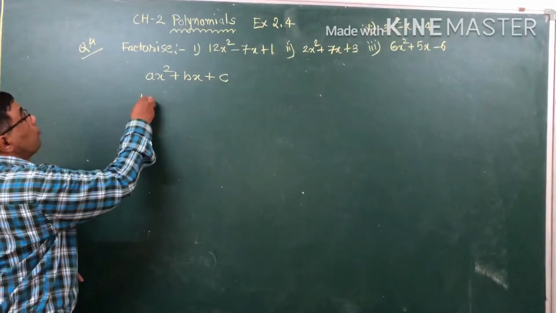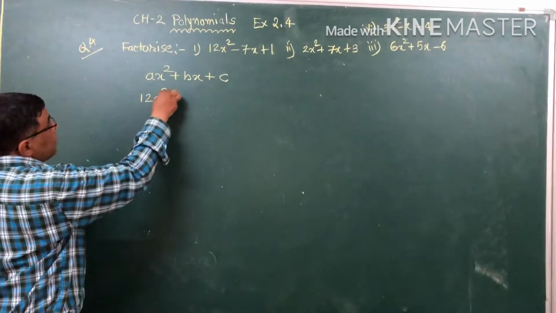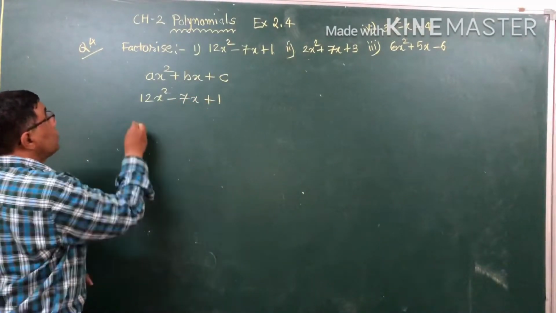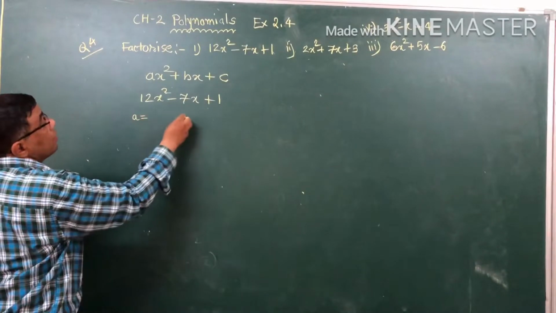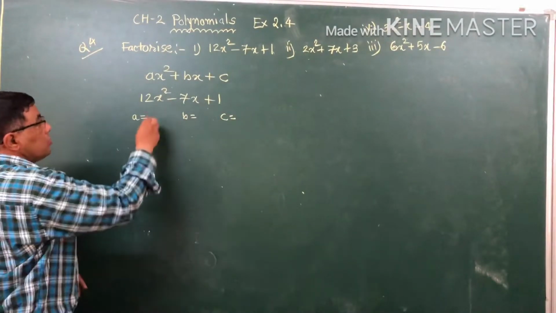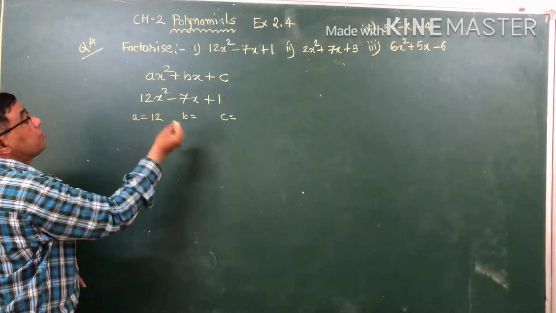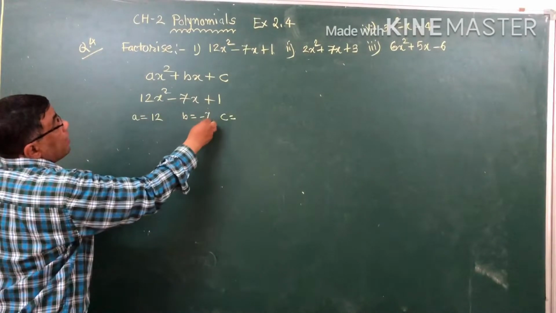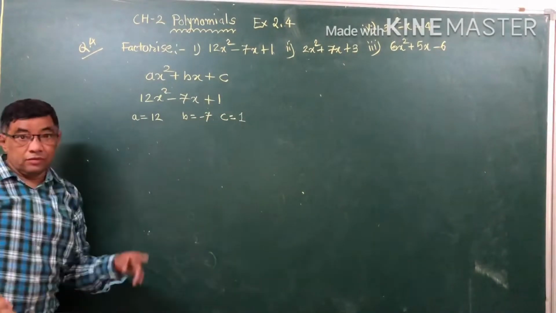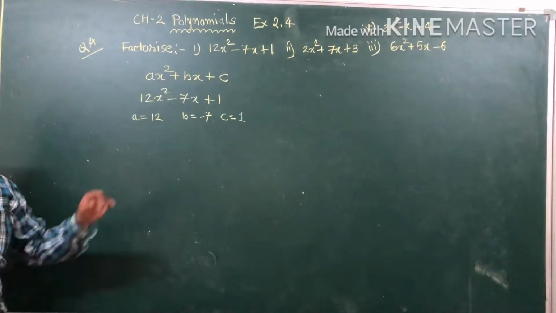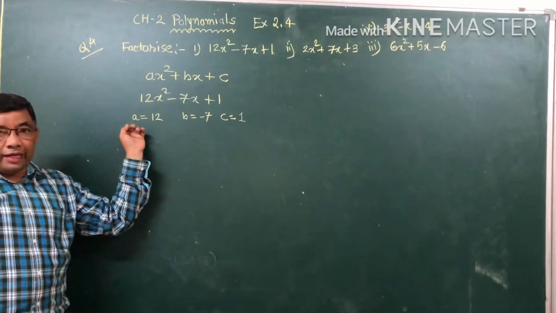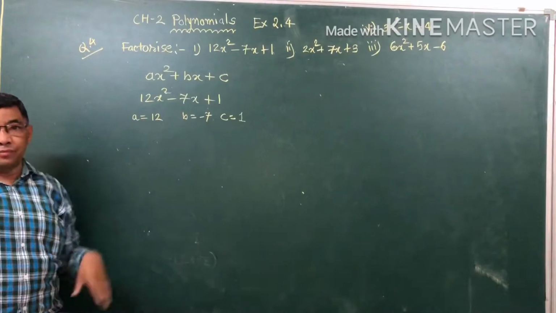So first of all, from the questions you write the values of a, b and c. Here a is 12, meaning plus 12, b is minus 7 and c is 1. For all other questions also you have to solve this way only. Write a, b and c.